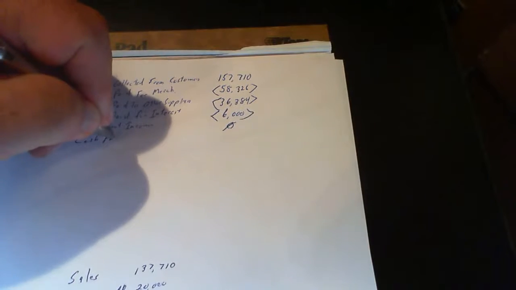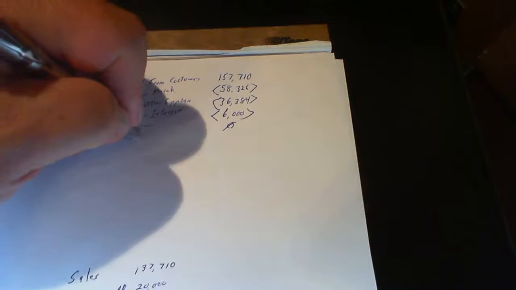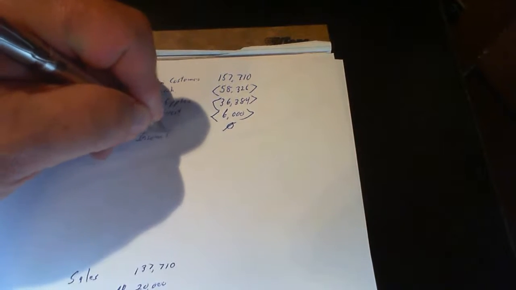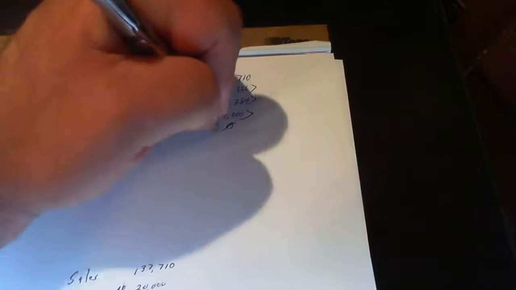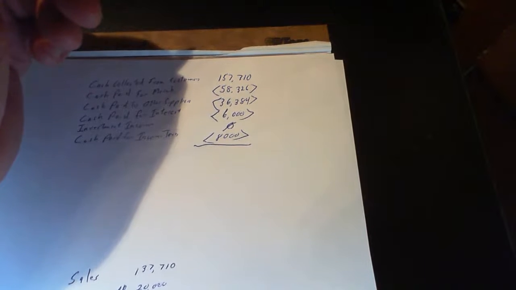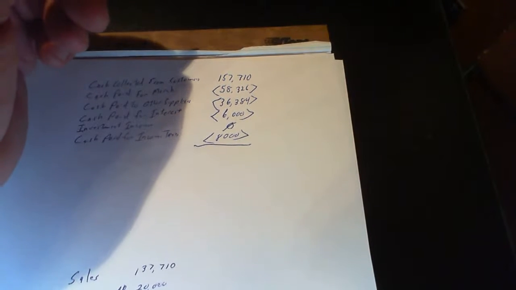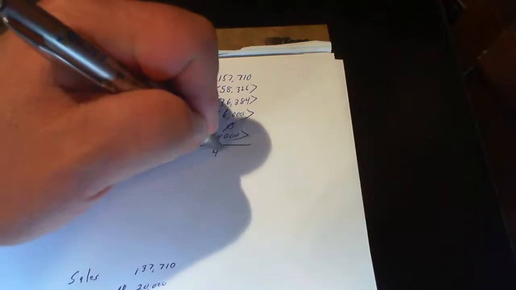So we paid 8,000 for taxes. If we add that all up, we should come out to 49,000.